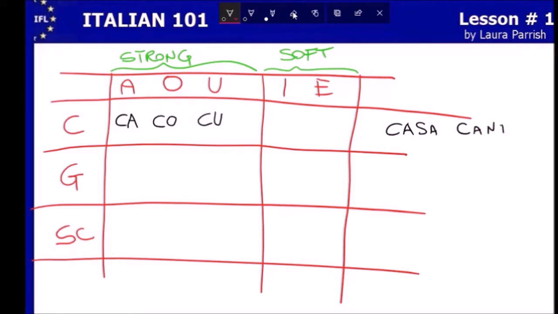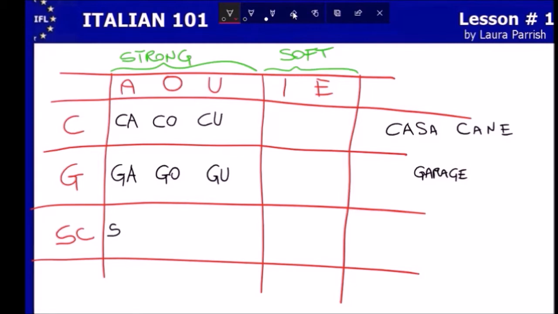Casa is house, cane is dog. G in front of the strong is ga, go, gu. Like garage. Garage means garage for the car.